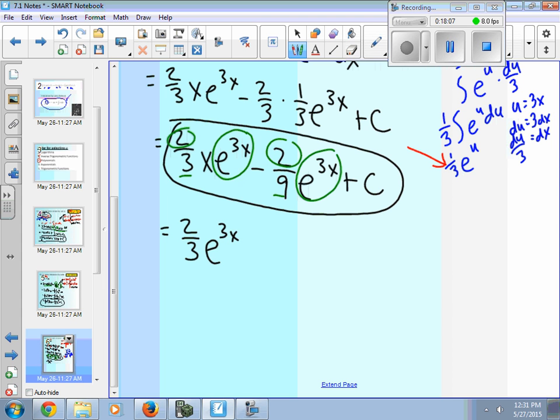So another way you could write the answer would be x minus 1/3 plus c as well. So that would be another way this answer could be written.